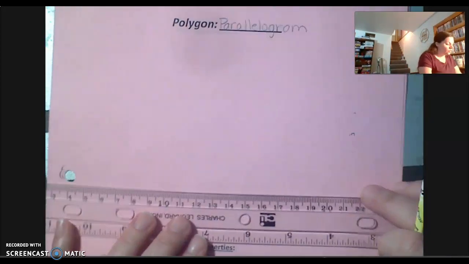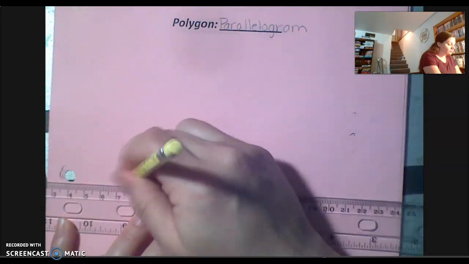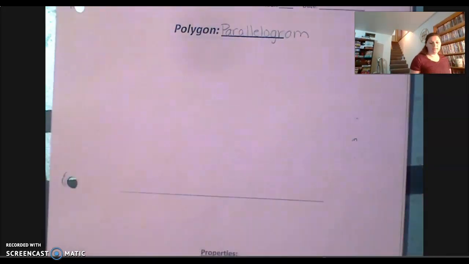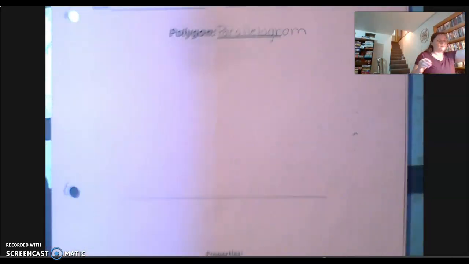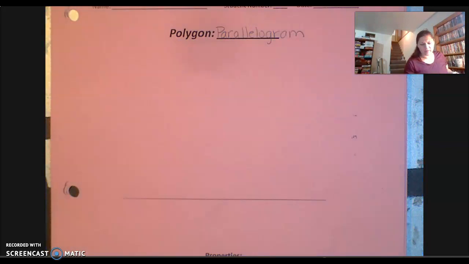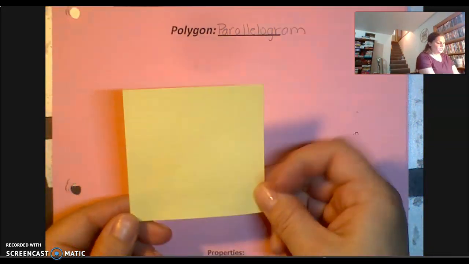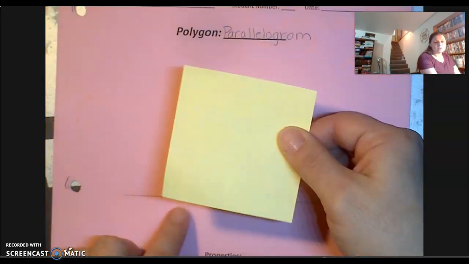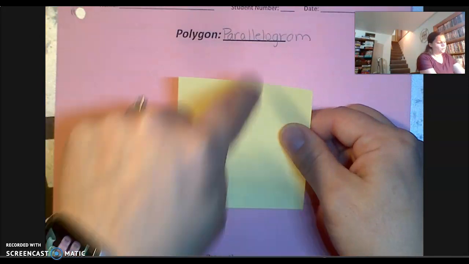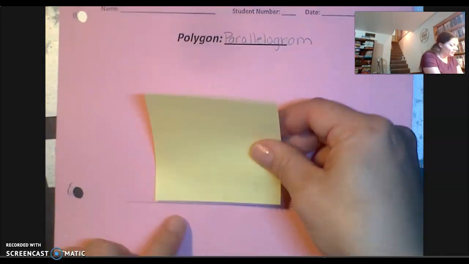And I am going to draw just one line. Hopefully you can see that all right. I don't know if that made it better or worse. And then I'm going to use my very sophisticated set square. Remember, a piece of paper can be a set square too because it has 2 sets of opposite parallel lines.